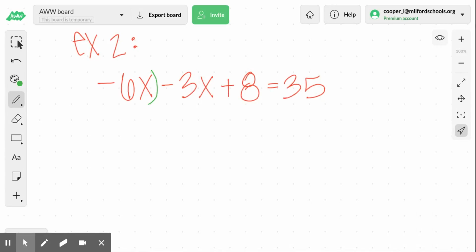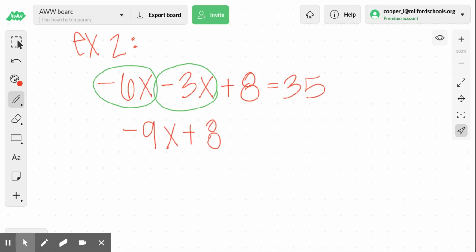Anytime I combine like terms, I always put this circle around it, but I always make sure that the sign in front of it is there. So here I go. I have a negative 6x minus 3x, which is going to give me a negative 9x plus 8 equals 35.